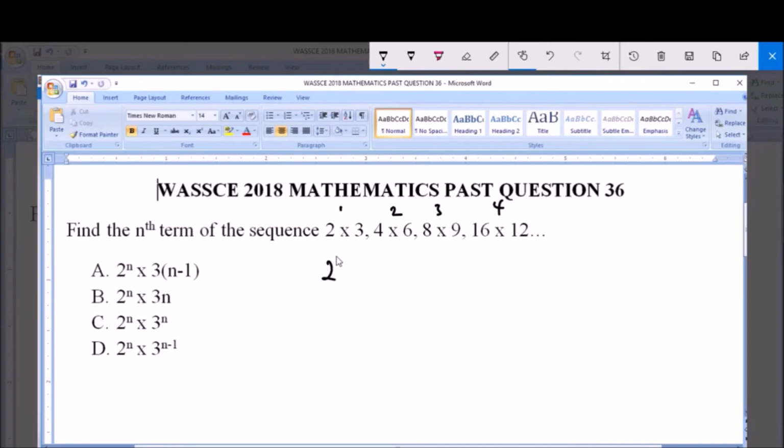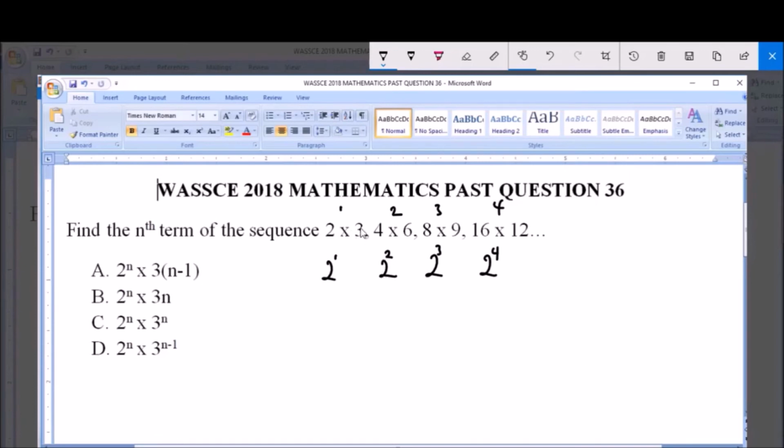That means 2 raised to the power of 1 to give us 2. Likewise here we have 2, and n is 2, 2 raised to the power of 2 to give us 4. Same thing here, n is 3, 2 raised to the power of 3 to give us 8. And similarly here, 2 raised to the power of 4, since n is 4 here, and that is 16. So you can see that the first numbers are powers of 2.